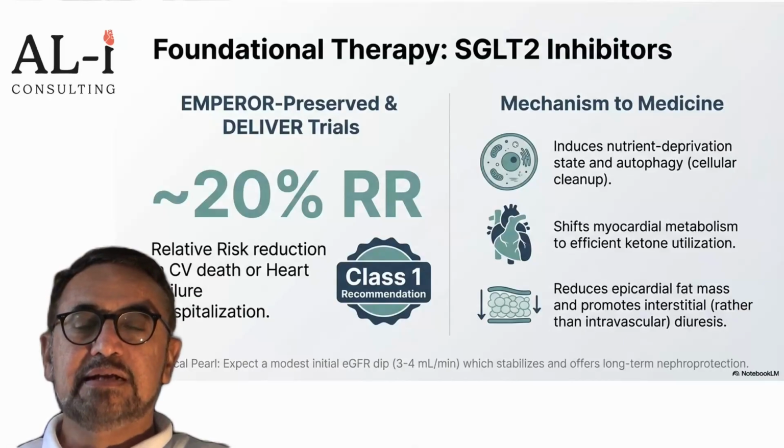There is a modest early dip in estimated GFR that is usually expected, often in the order of a few milliliters per minute, and it tends to stabilize with longer-term nephroprotective benefits. So for most patients with HFpEF, the question is not whether to consider an SGLT2 inhibitor, it is how quickly you can start one safely.